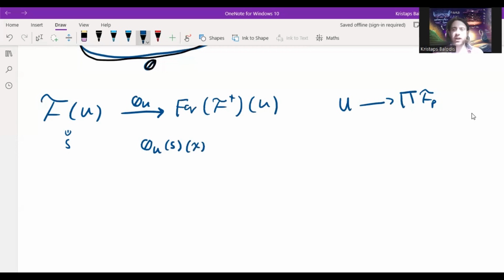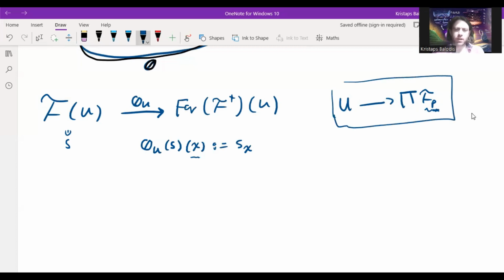And each point x, when I evaluate this at x, had better land in the stalk at x. But s is a section over U, so I can just define this to be the germ of s at x, right? So certainly I've defined a function here.